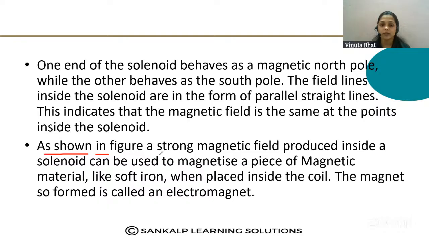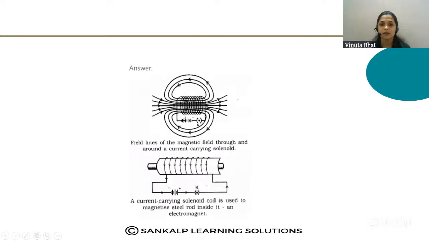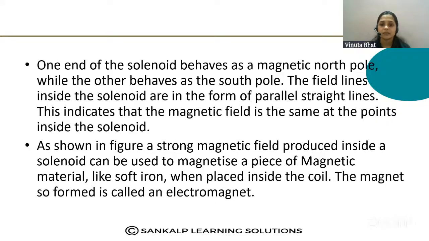As shown in the figure, I will show the diagram here. So this is the solenoid. The magnetic field produced inside the solenoid can be used to magnetize a piece of magnetic material. So the magnetization is done inside this solenoid, and the magnet which is formed due to this is called an electromagnet.